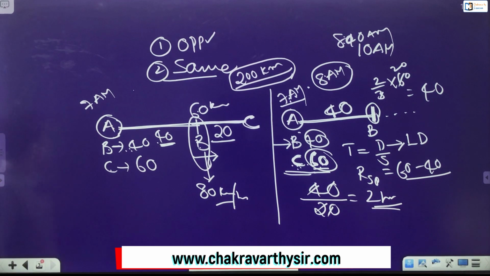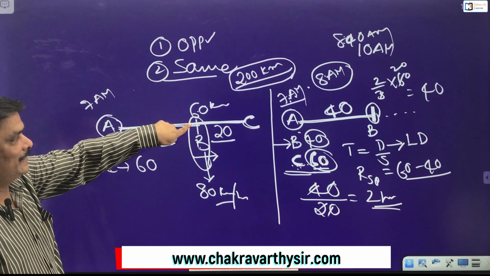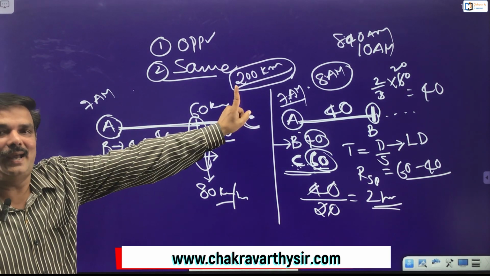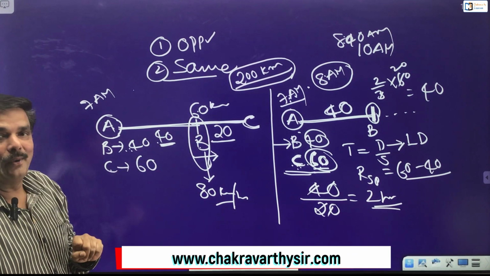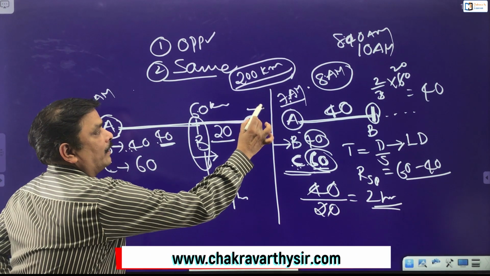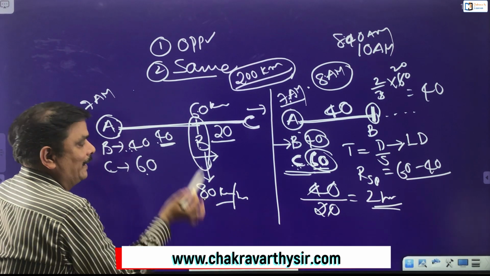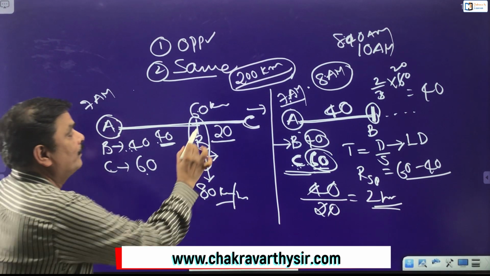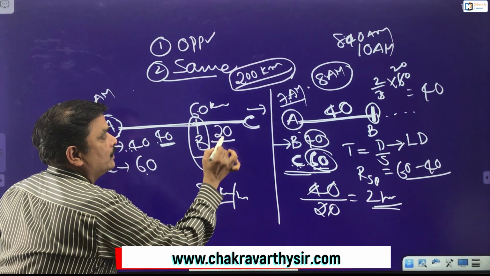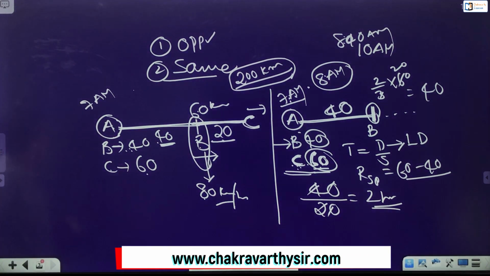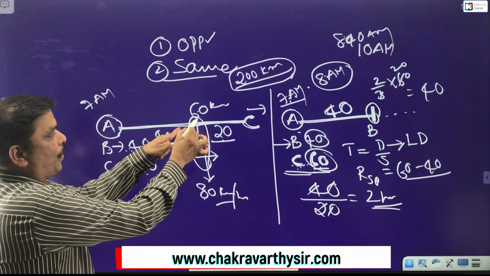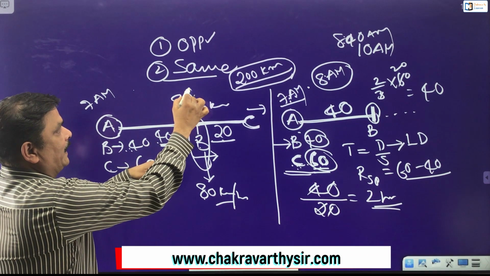Now you see students, let's take this as the starting point. The car is moving with 60 kilometers per hour, the bus is moving with 80 kilometers per hour. Now the distance between these two is only 20 kilometers. Now the question is, from this point, this is 8 a.m. now.